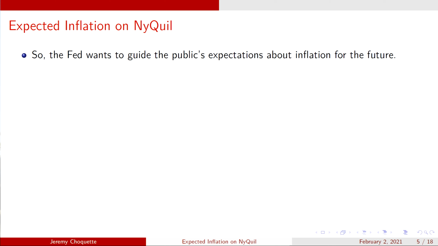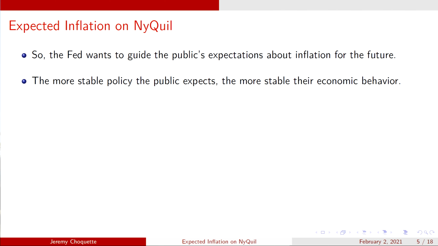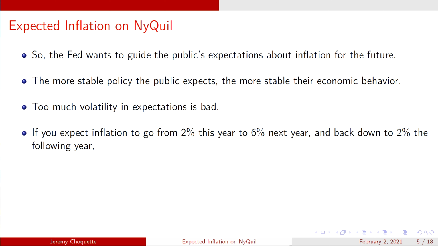So the Fed wants to guide the public's expectations about inflation for the future, because if the public can expect more stable policy, that can lead to more stability in their economic behavior. Namely, interest rates will be relatively stable. Too much volatility in expectations for inflation is a very bad thing.